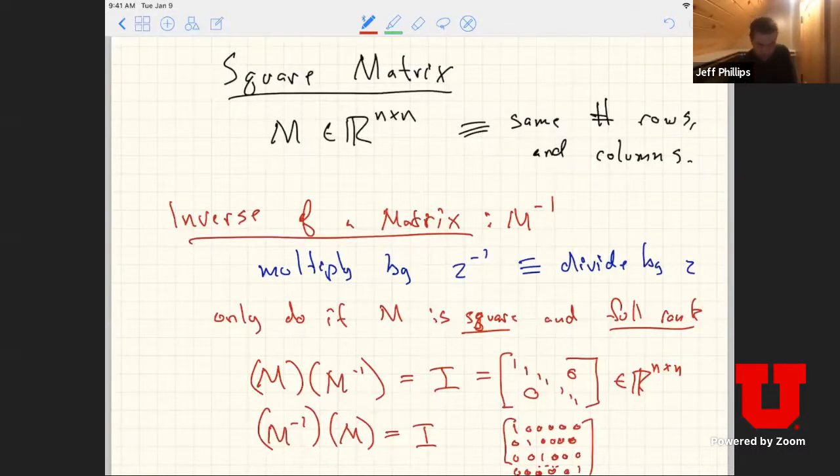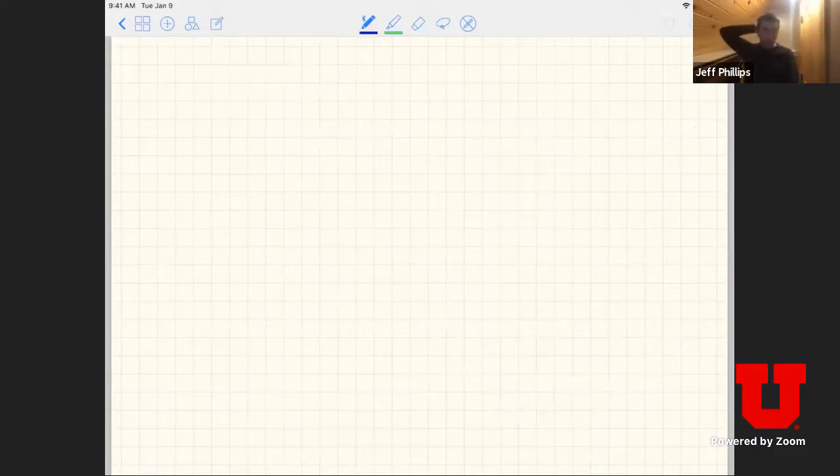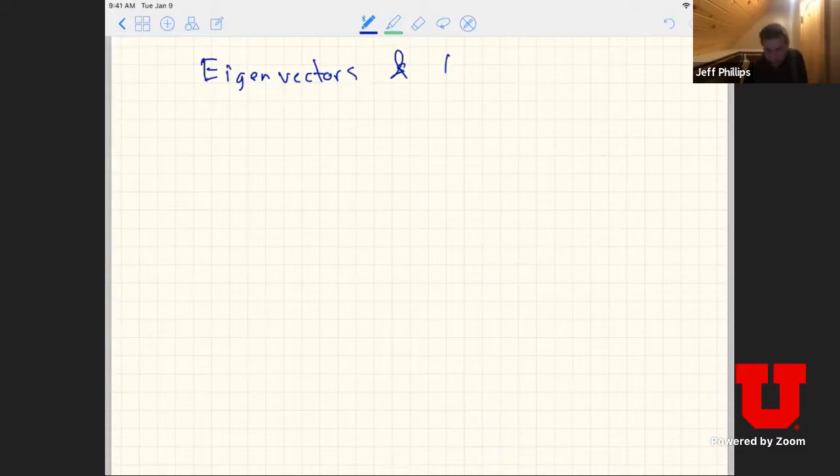So on that track, another important concept for square matrices is the eigen decomposition. This is about the eigenvectors and the eigenvalues. This is another important thing about square matrices.